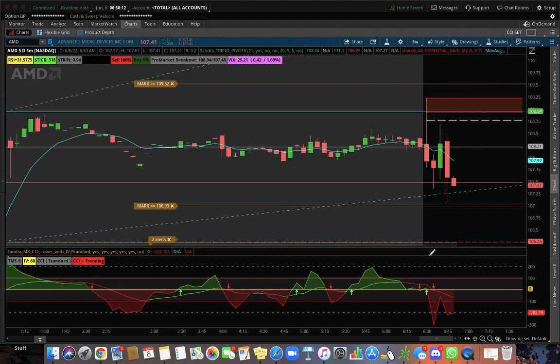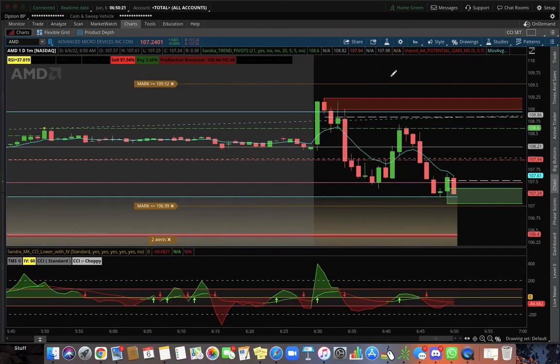Yeah, I wish it was stronger. Verticals would be better. This is a 5 minute though. Let me see what it looks like on a 1 minute. See if we get some force here. No.